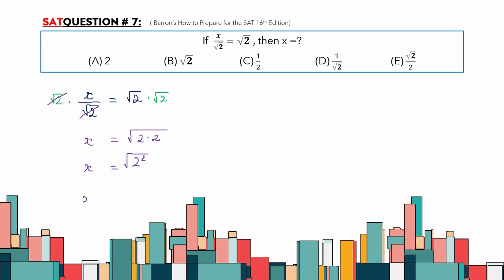So we have x equals 2. And this 2 comes from here. This cancels. So the right answer is A.